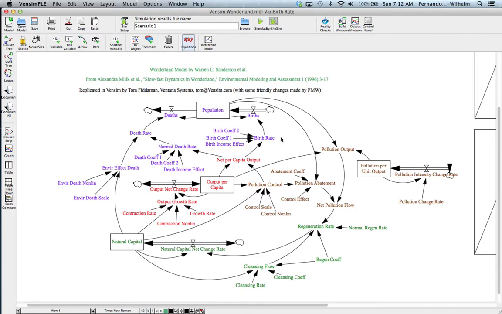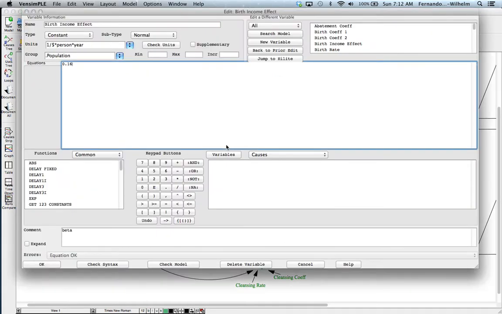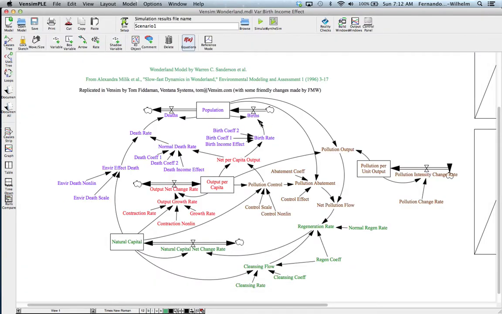I welcome you to do this, one by one. If you just click on any of these, you'll find the value, and this is the variable beta in the model. So if you look at the comments section, you will see what variable in the model corresponds to what variable in the paper. I think that's useful because, as you saw, this model's got 20 parameters, so it's a little bit difficult to keep track of who is who. So this group of parameters here refers to the births in the population.